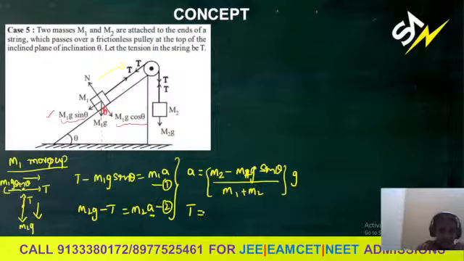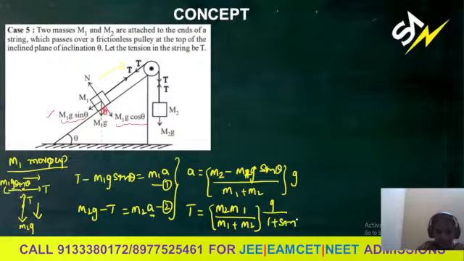So tension will be equal to M2 M1 by M1 plus M2 into G into 1 plus sin theta. This is the case when it moves up. Just draw the free body diagram, write the resultant force, find the acceleration, substitute acceleration in any of the equations, we can find the tension.